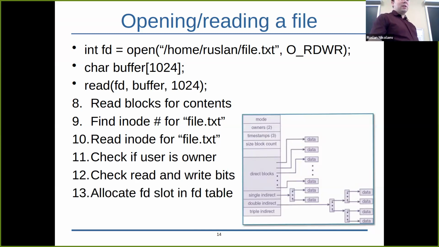And then, if it succeeds, we will allocate a file descriptor slot in a file descriptor table. Remember, there is a file descriptor table in each process, and the number of file descriptors is limited, right, from 0 to let's say 1023.